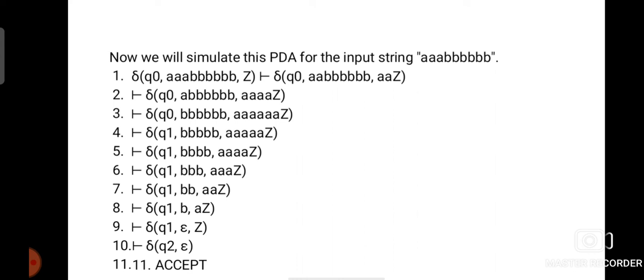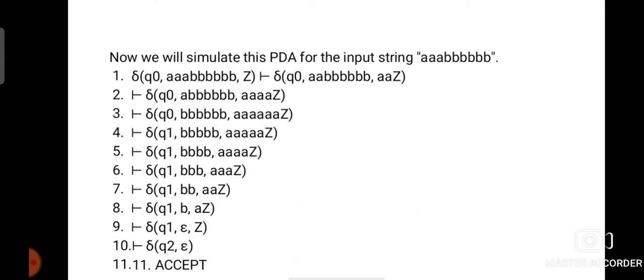Then we can see when we consume B. So we will mention the full string in this operation, but we should consider the first input symbol for the application of the delta function. So we should consider applying the first input symbol in the string to the current state. For example, when we apply B to Q1, what will happen? The number of A's will be reduced in the stack.